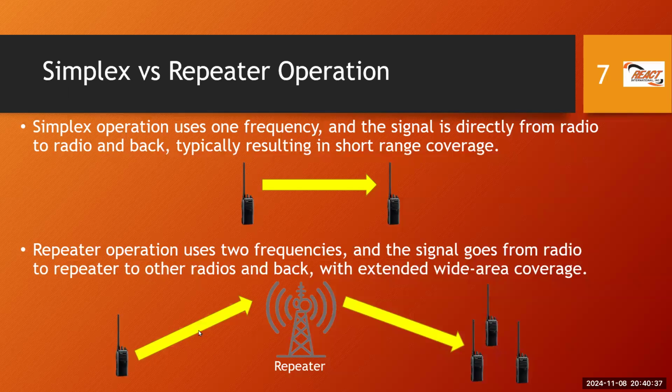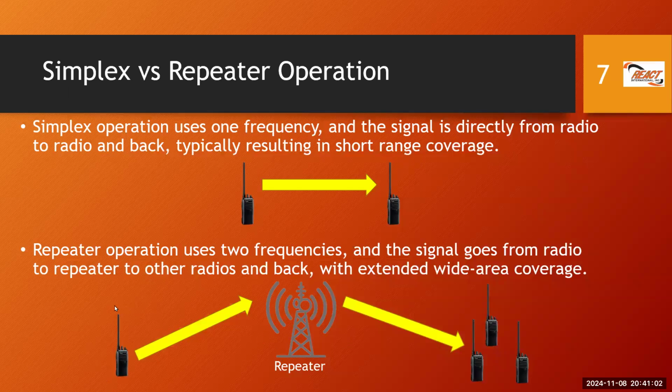When you're on channel 1, there are actually two frequencies configured for channel 1. When you press the push to talk, it will transmit on one, and when you release the push to talk, it will listen on another frequency. So it's the same channel 1, but the repeater is operating on two separate frequencies.